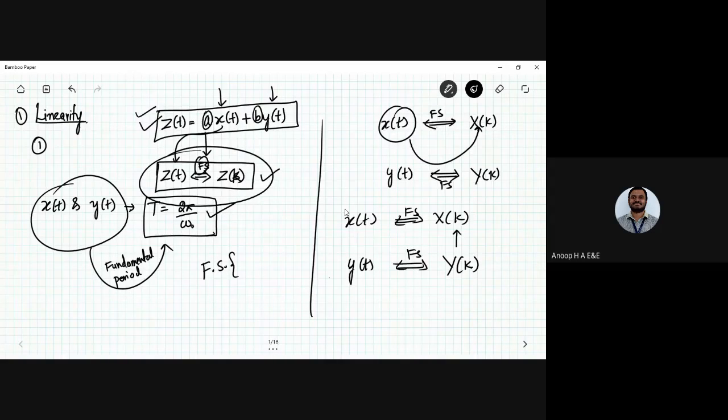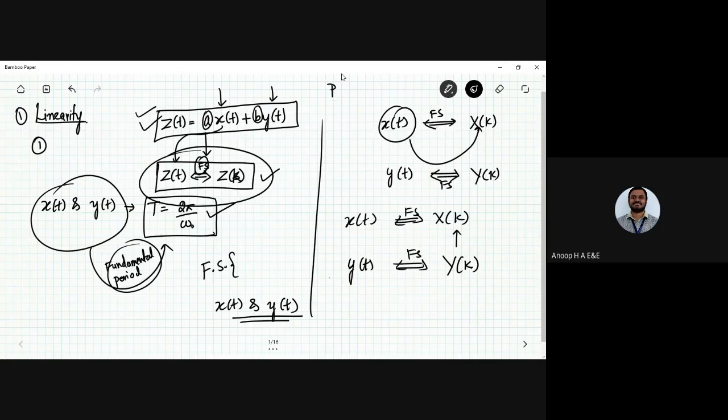Now, to perform the linearity property, both x of t and y of t would have the same fundamental period. I'll write it here: x of t and y of t, in order to perform the linearity property with respect to the Fourier series.